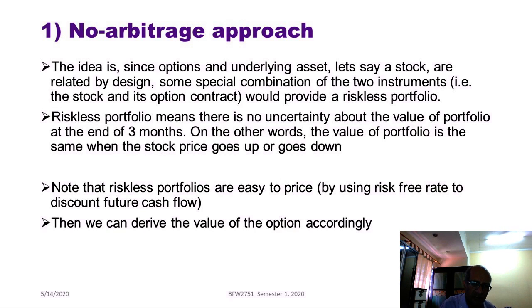Now, let us see the first approach. No arbitrage approach. No arbitrage means there's no chance of price being different from what it's supposed to be. The idea is, since options and underlying assets, let's say a stock, are related by design, because when you buy an option, the option itself has no meaning if there's no underlying for it.